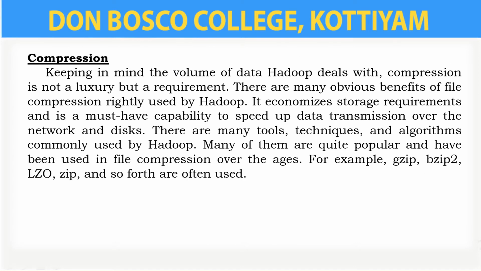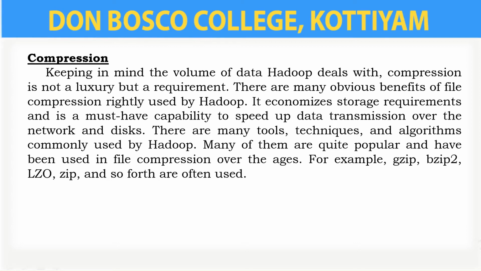The next feature is compression. We are aware of the volume of data Hadoop deals with. File compression brings two major benefits. It reduces the space needed to store files and it speeds up data transfer across a network or to or from the disk. When dealing with large volumes of data, these two features are very important.